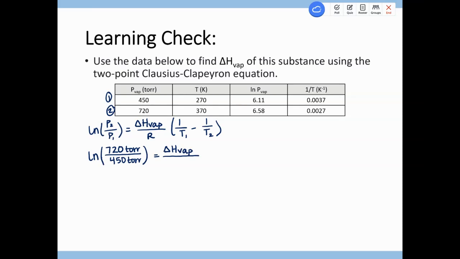R is the universal gas constant, 8.3145 joules per mole Kelvin. And then 1 over T1, which is 270 Kelvin, minus 1 over T2, 370.